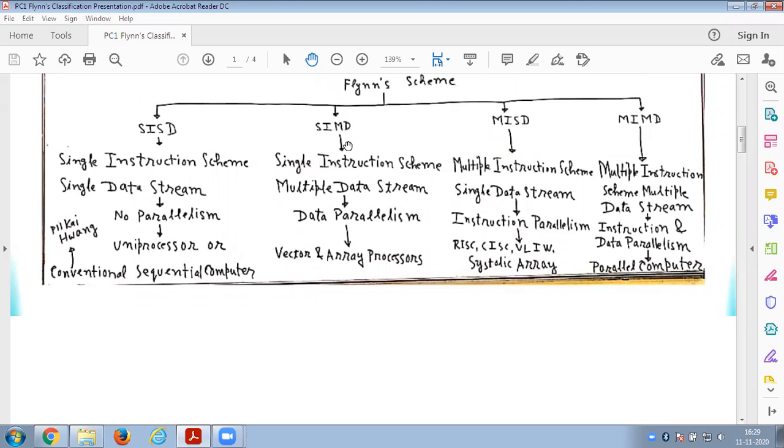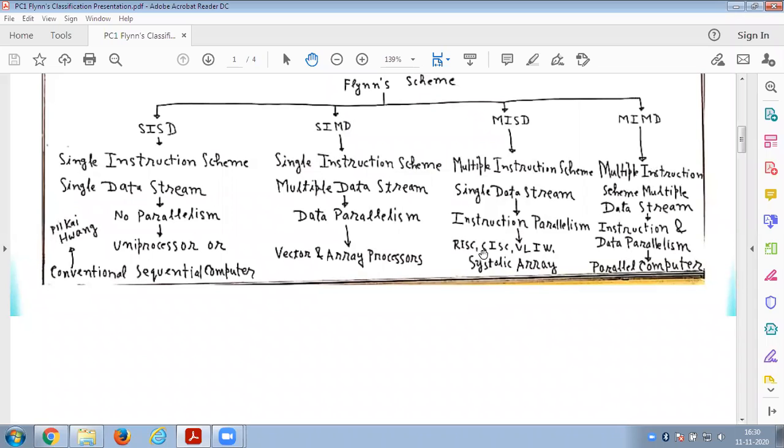So I think it is clear. Under SISD, all uniprocessor or conventional sequential computers. Under SIMD, vector and array processors. MISD has no practical computers, but instruction parallelism is employed in it, and all RISC, CISC, VLIW architectures and systolic arrays follow instruction parallelism. But this does not mean that RISC, etc. are MISD.